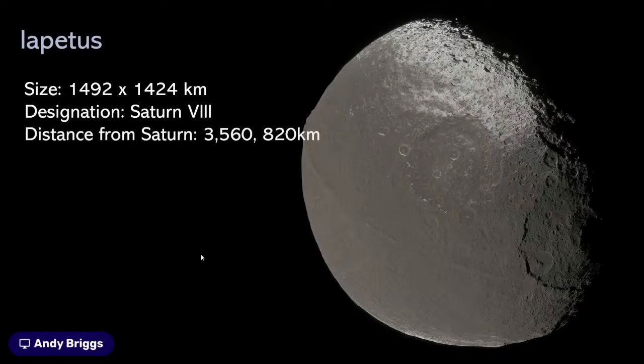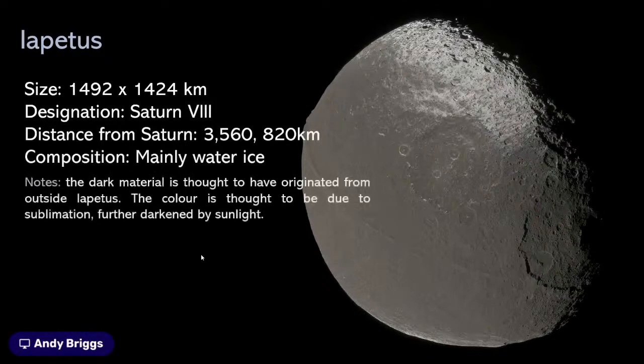It's 3,560,000 odd kilometers from Saturn. Its composition, again, is mainly water ice with some rock thrown in. And that dark material is thought to have originated from outside Iapetus, perhaps from other moons. And the dark color is thought to be due to sublimation, which is a process where a solid turns straight into gas with no liquid phase.